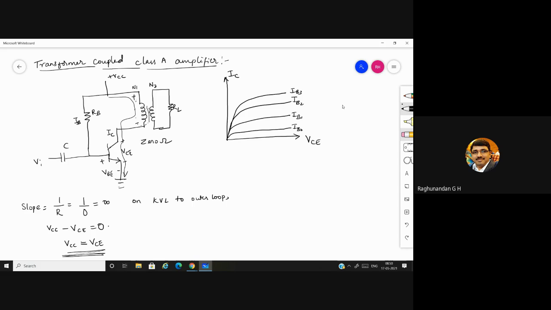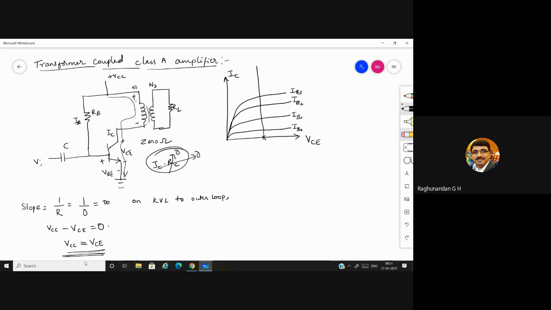Since we would write IC into RC, and this is 0, that entire term tends to 0. That's why we have VCC equal to VCE. So we are having only one point, and we don't have any point along the y-axis.